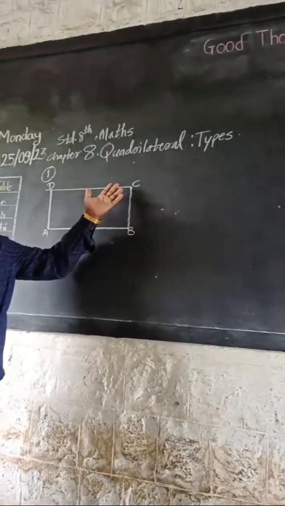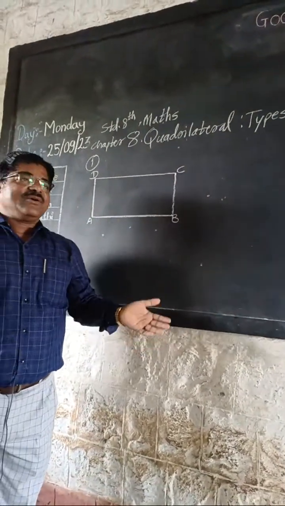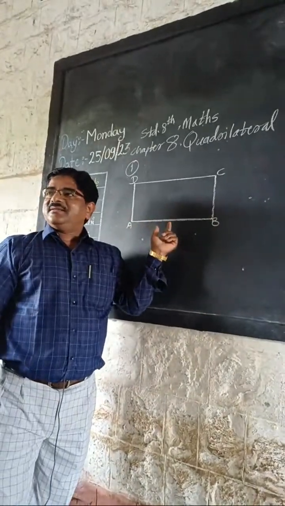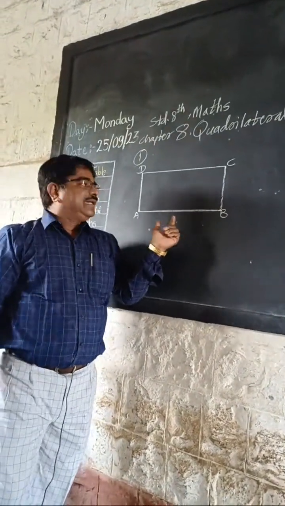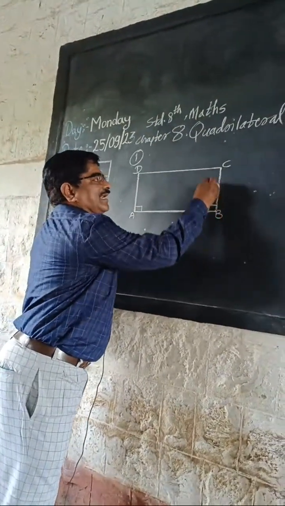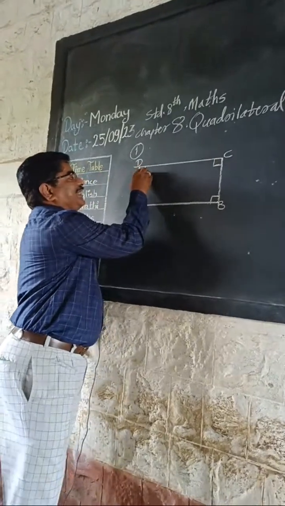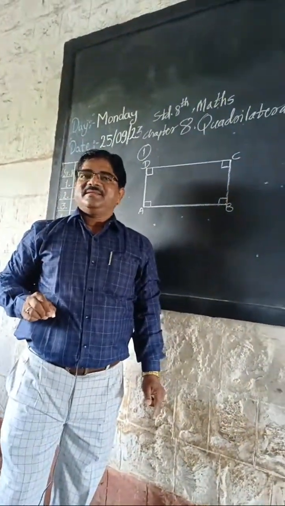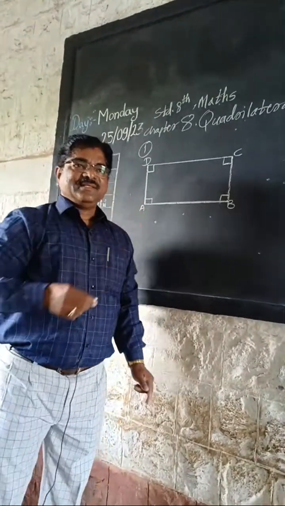Discuss about quadrilateral and different types of quadrilateral. Here, one quadrilateral I draw here. If all angles of a quadrilateral are right angles, then it is called a rectangle.